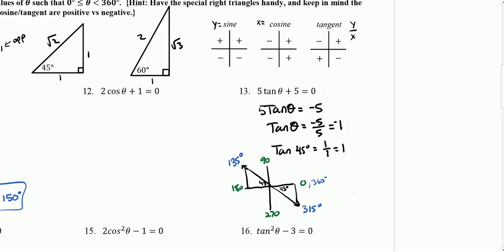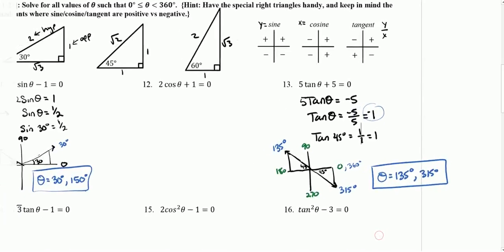So those are our two answers. So theta could be 135 degrees or 315 degrees. We don't want to say 45 because that's positive 1, and in our case we have tangent theta equals negative 1. So the tangent of 135 or the tangent of 315 both give you negative 1 as an answer.